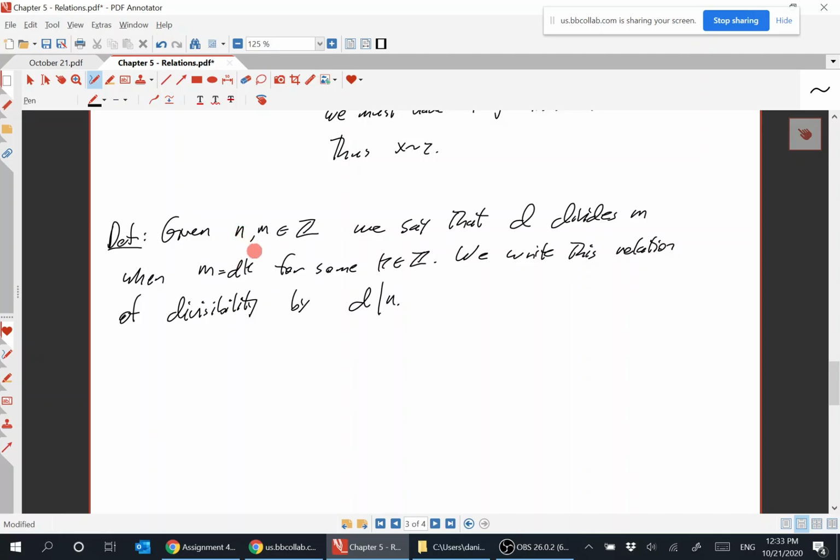Let's say n divides m when m is equal to nk. We write this relation as n divides m. I'm sorry, I got my letters all mixed up in there. All right, so n divides m when m is a multiple of n.